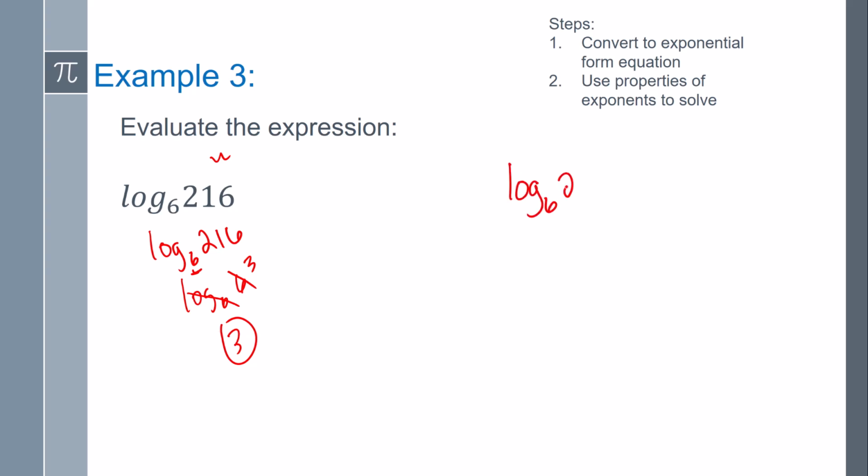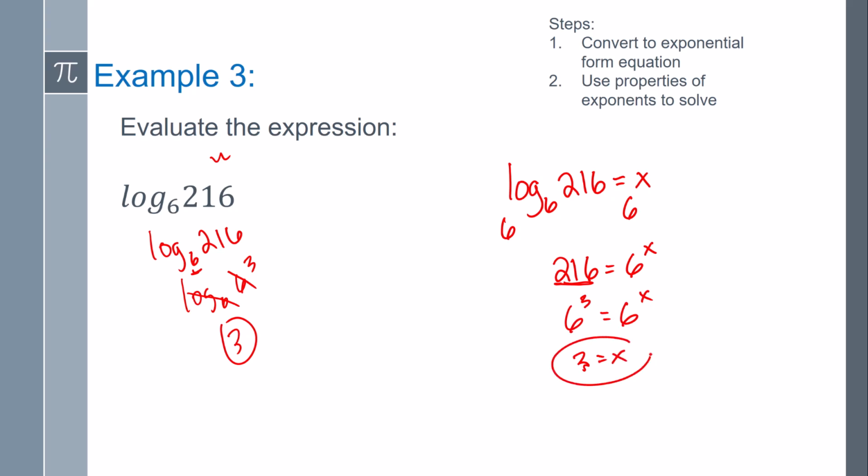So log base 6 of 216 equals some number. I don't know what that number is, but I know it equals some number. Then I take base 6 to both sides, and I get 216 equals 6 to the x. 216 is 6 to what power? Well, that's 6 to the 3rd power. And then I get 3 equals x.